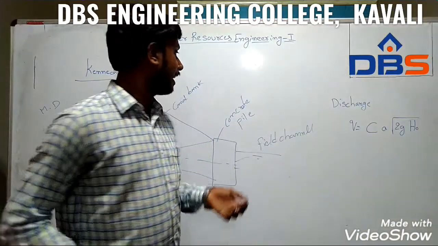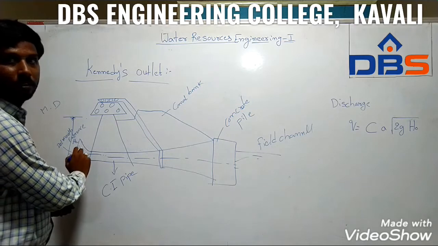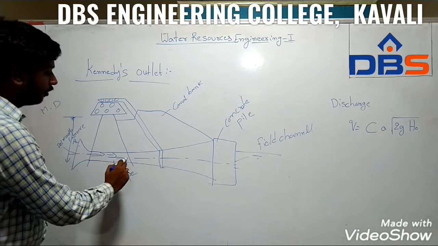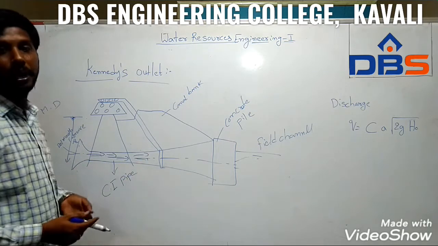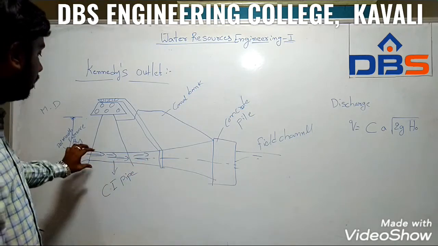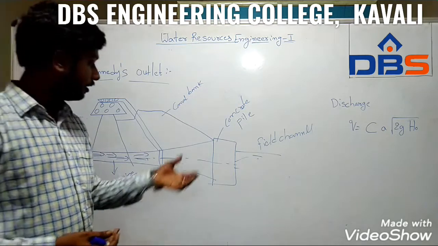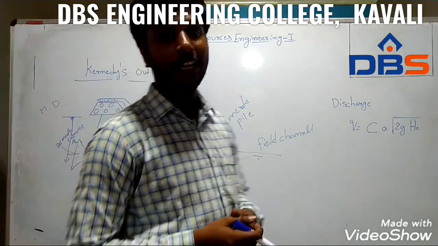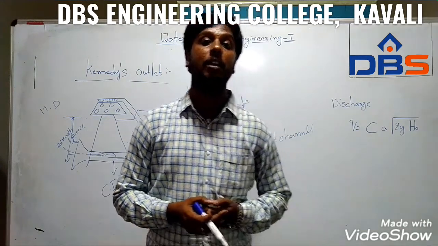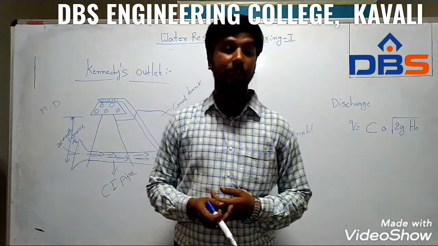In this Kennedy's outlet, the water comes to a bell mouth arrangement. This will automatically flow through the CI pipe. But in this manner, the CI pipe cross section varies from one end to another end. Why? Because with this kind of pipeline we get minimum losses. We have so many head losses in pipe flows: major losses, minor losses, friction losses.